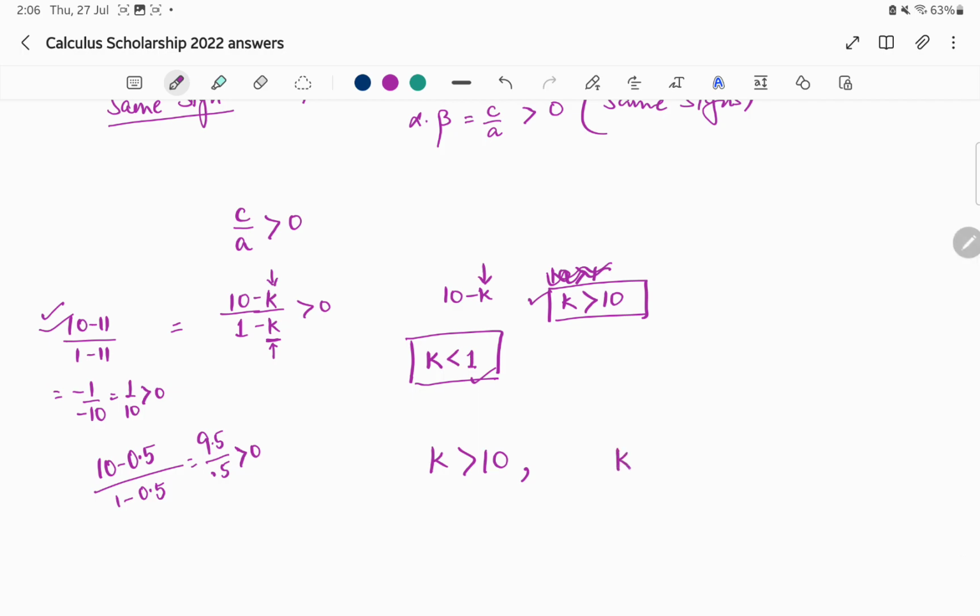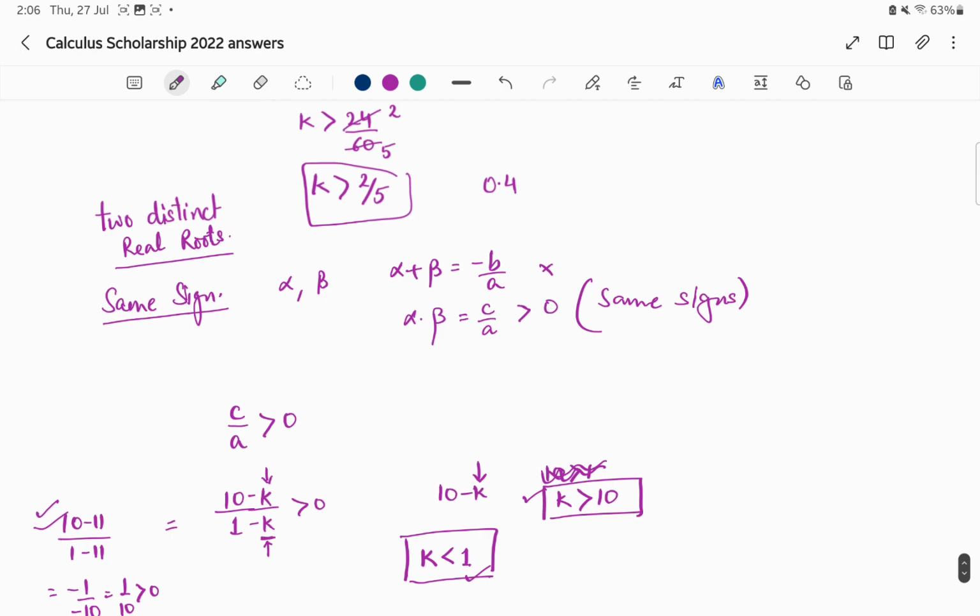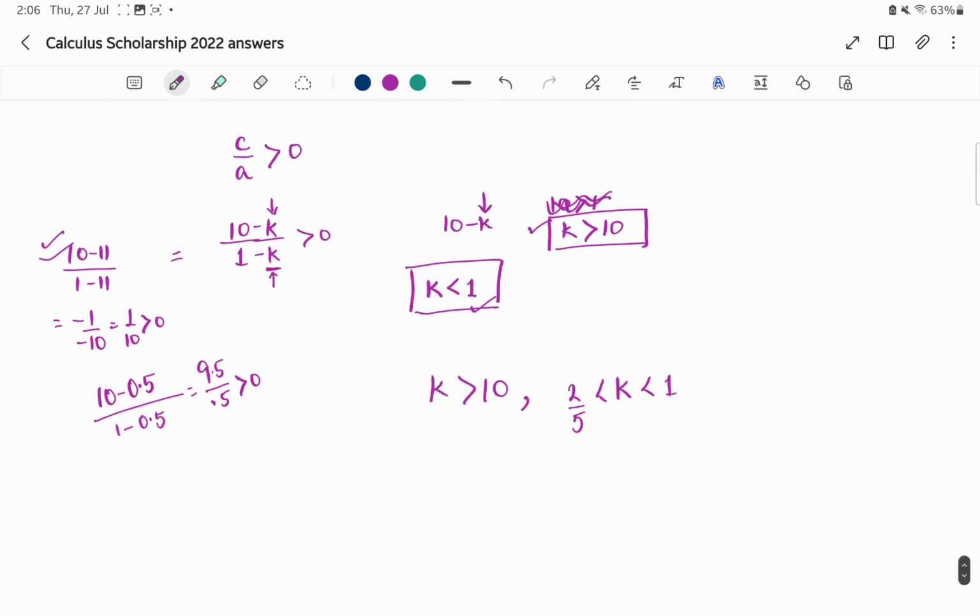So k is less than 1, but it's greater than 2 over 5 because it cannot go lower than that. It cannot be negative because in the question, it needs to be greater than 0, right? So these are all the limits that you have, the values of k. So this is all the values of k that you can have. All right? I hope this makes sense. All right. Have a good day.